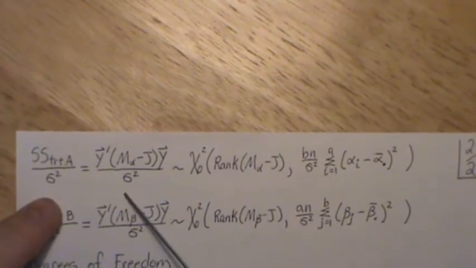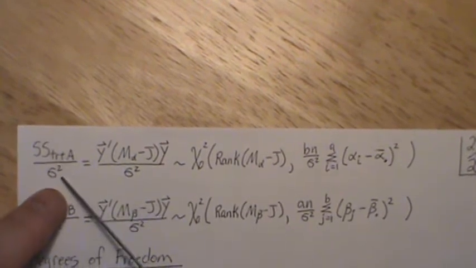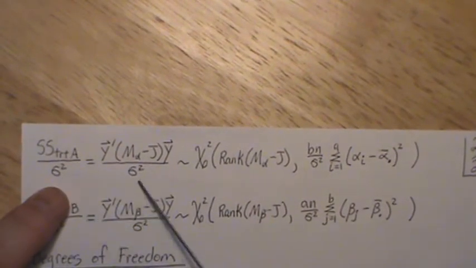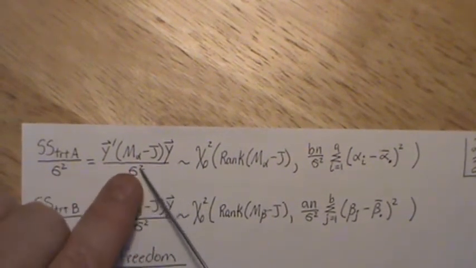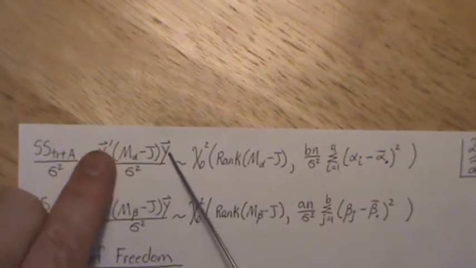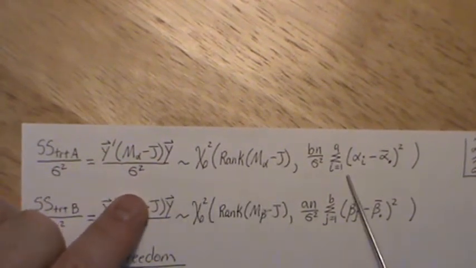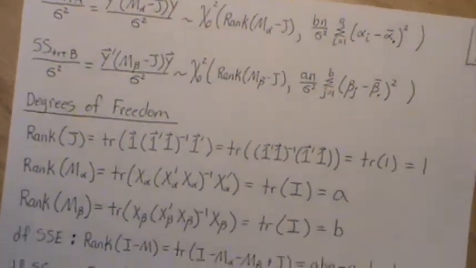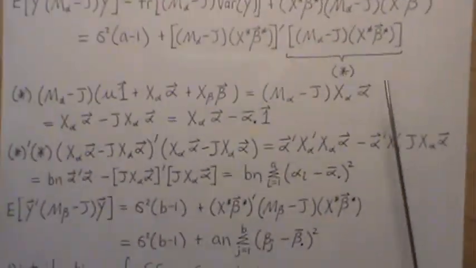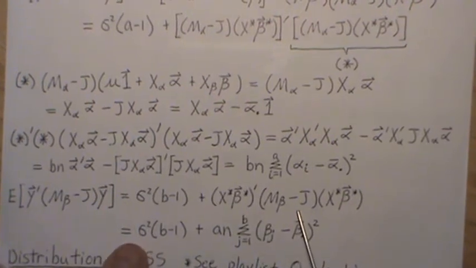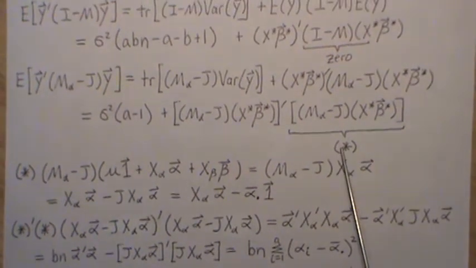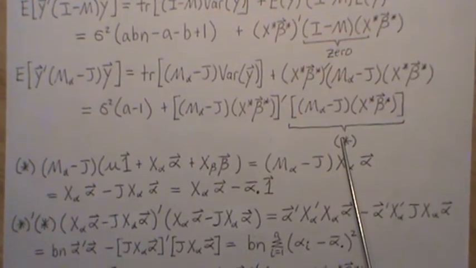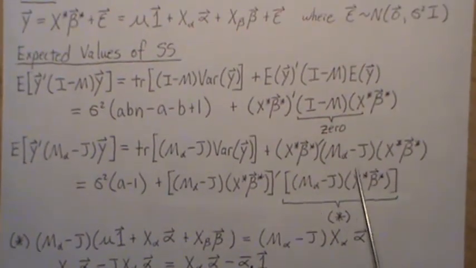The sum of squares for treatment A divided by sigma squared is this. And of course you can take those into the y's and do the same trick, and you're left with this. And this quadratic is what you get from here. Yeah, from here.